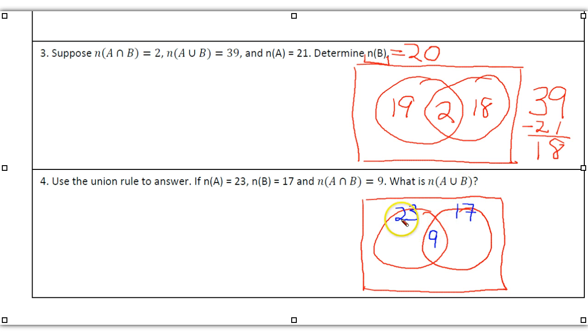Well, if this is 23, and we subtract 9 from it, this gives us a 14. And if this is 17 and we subtract 9 from it, we get an 8. Now if we add 14 plus 9 plus 8, we get a 31. And that is our total.